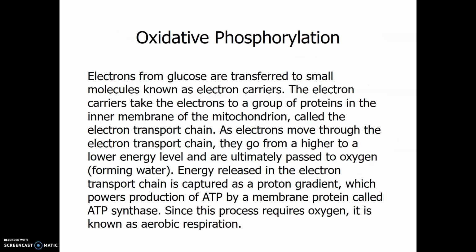Okay, so oxidative phosphorylation, it says that electrons from glucose are transferred to small molecules known as electron carriers. These electron carriers are the ones I told you about, NADH and FADH2.